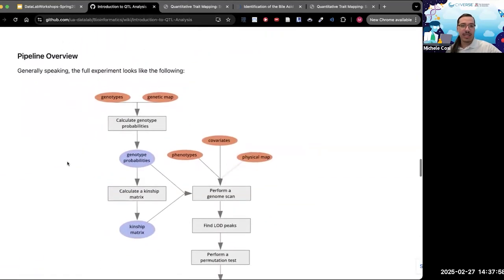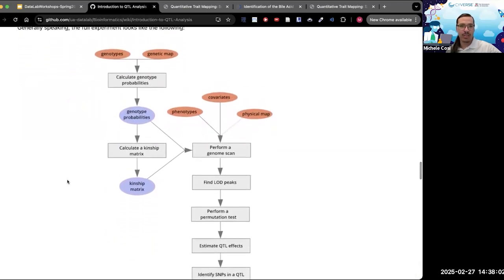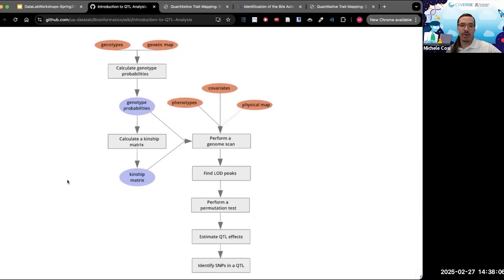Let's look at the pipeline just a second, and I hope that I can put this all on the screen, because this is what the general pipeline for QTL analysis looks like. It is not straightforward, or perhaps it is not super easy to understand, but I'm going to do my best to explain what the pipeline does. I do have notes. I think I can put them side by side.